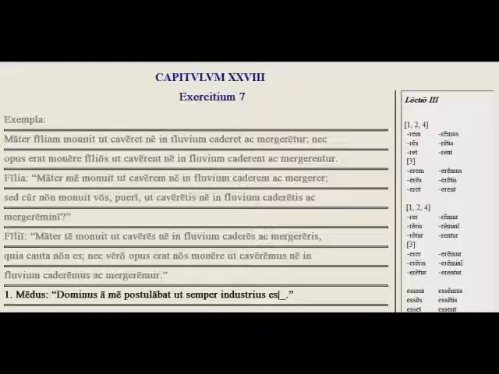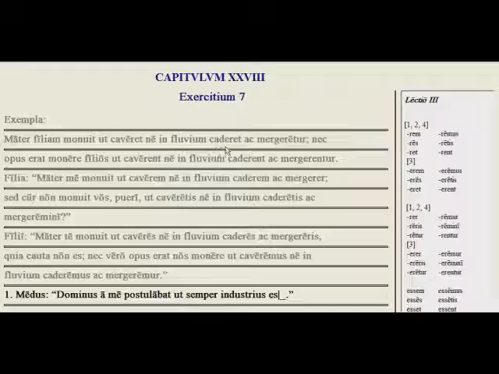So here we have the ut clause after the verb of warning, warning them to do something, and here's the negative form of the command, that she be careful not to, that she not fall into the river.